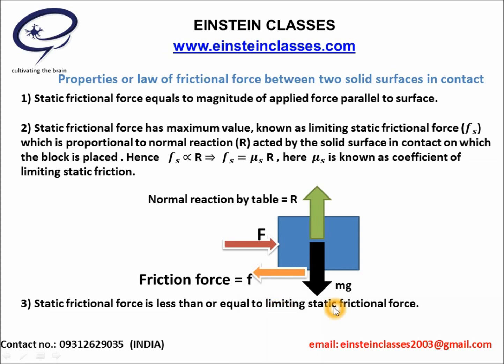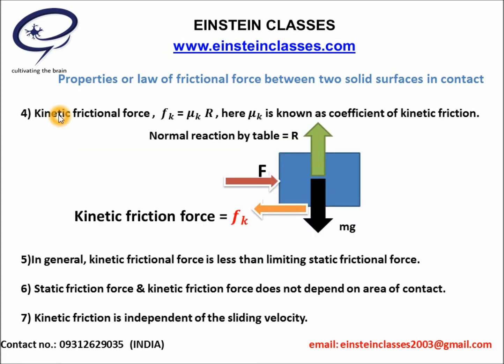This maximum value is known as the limiting static friction force, and it will be equal to mu s into R, where mu s is the coefficient of static friction or coefficient of limiting static friction, and R is the normal reaction exerted by the surface in contact on the block.